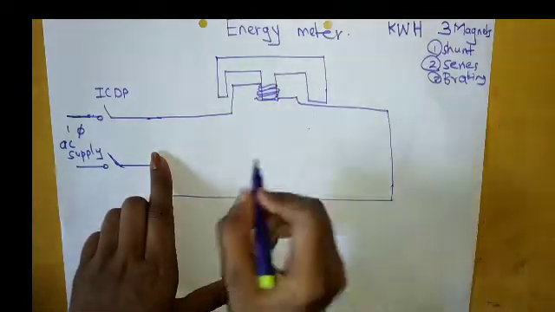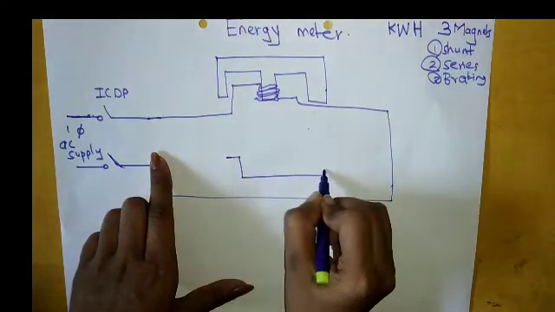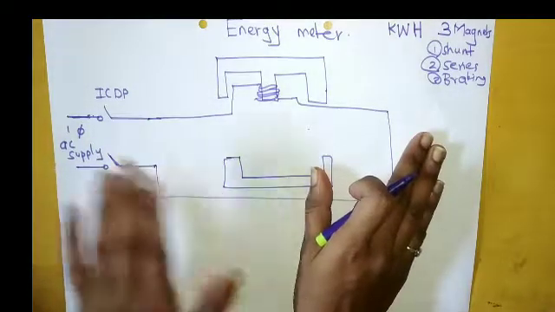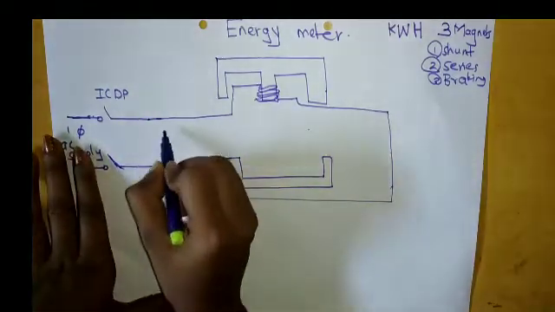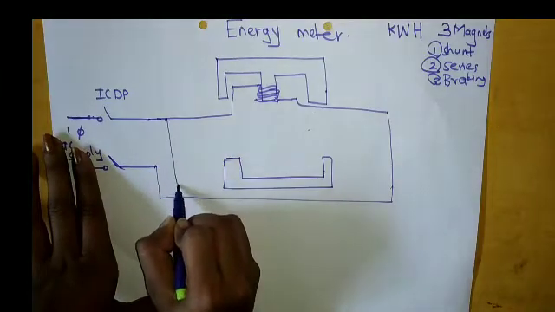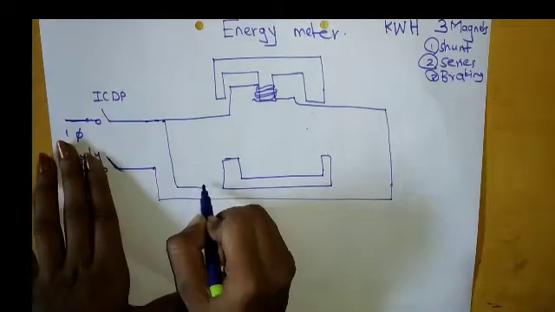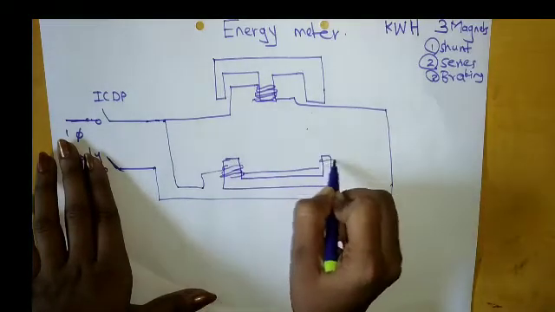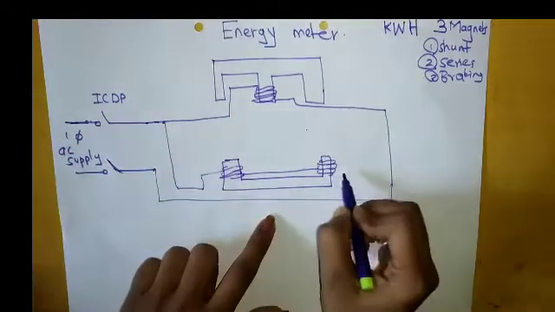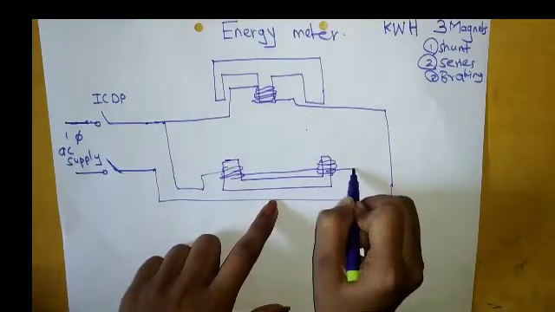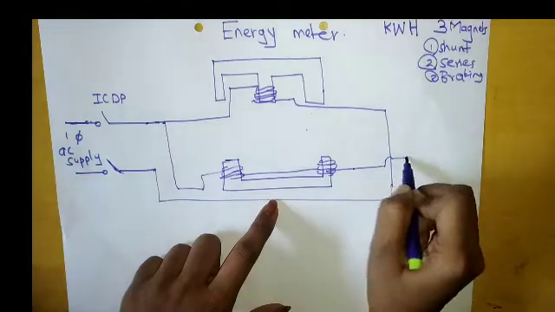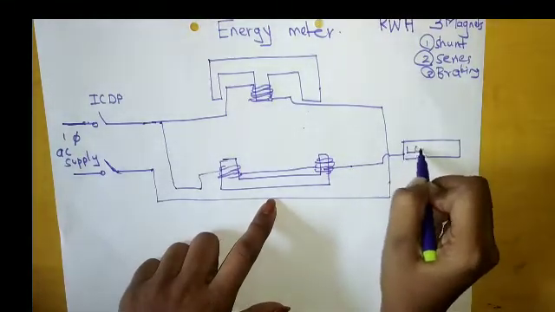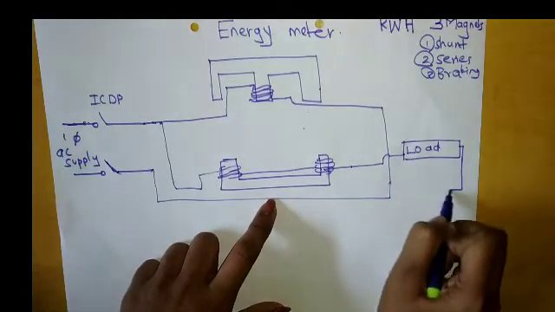This is E shaped, and this is C shaped. This is our series magnet. To this magnet I will wind the coil and give the connection from here. Now it should get neutral, but here we are going to give it first to the load, and then to the neutral.